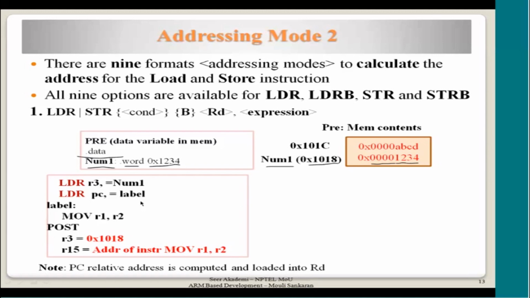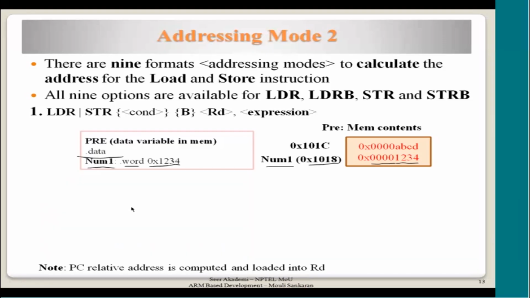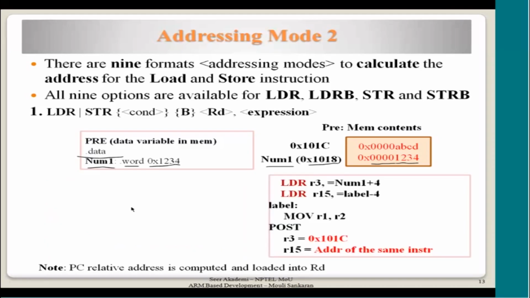So there will be a minor performance change, but I am explaining this to show how a label can also be given as a parameter to the LDR instruction, and then you can get the value.